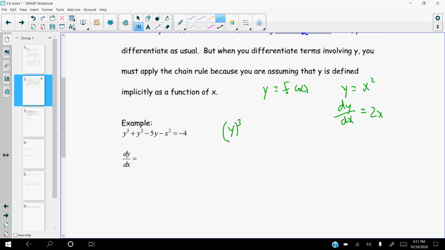Now this is where it gets a little bit challenging. I would have to apply the chain rule to that. So when I take the derivative, I'm going to bring the 3 out to the front and reduce the power by 1. But then because y is a function of x, I now have to multiply by the derivative of y, and the derivative of y is dy over dx, just like right there.